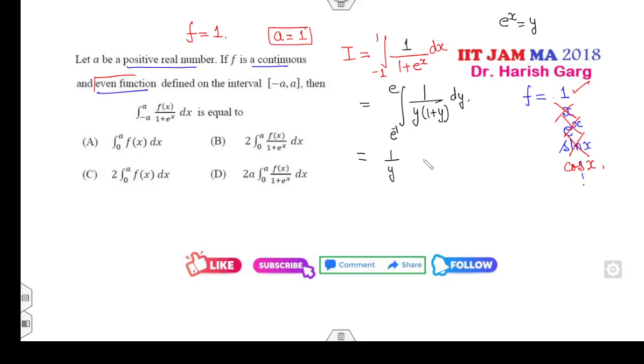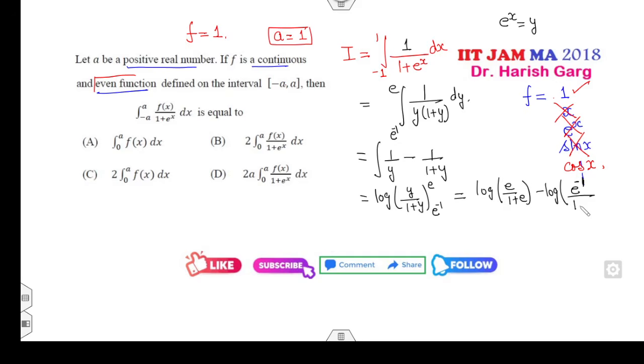It is 1 over y minus 1 over 1 plus y. Then you can integrate them. It is log of y over 1 plus y, from e raised to power -1 to e. So that will be log of e over 1 plus e minus, I will tell you a shortcut trick after this, log of e raised to power -1 over 1 plus e raised to power -1.